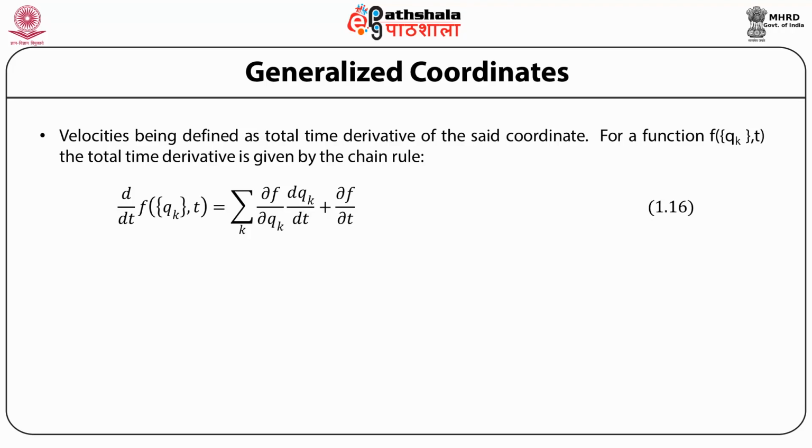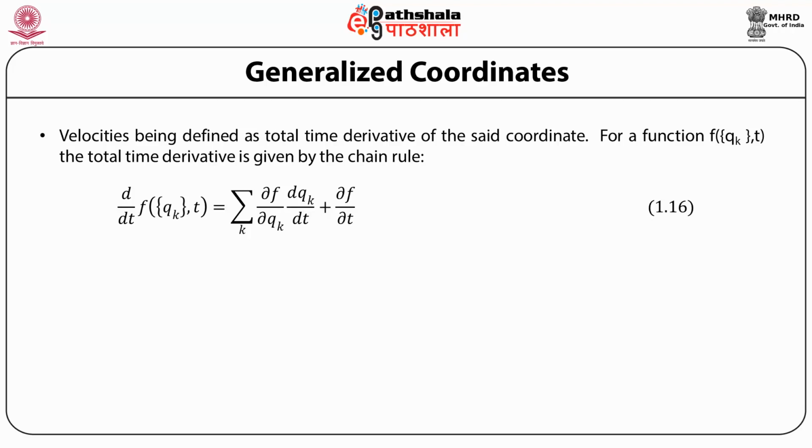Let a function f of the generalized coordinates qk, and it may also depend explicitly on time, then the total derivative of this function is given in terms of the chain rule, because this is a function of a set of independent generalized coordinates q1, q2, qn, etc.